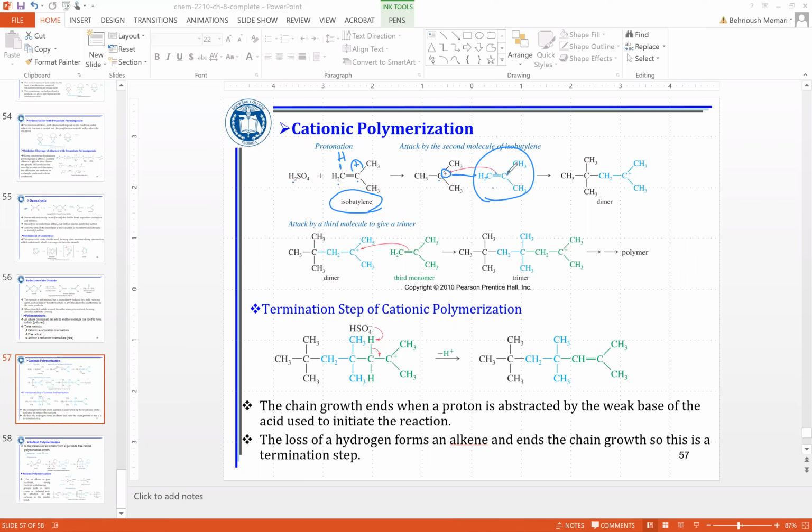The other carbon will take the plus charge, then you have a new carbocation with positive charge on carbon number 4, if we always count from left to right. Now we have a carbocation, and it is going to be attacked by a third molecule of isobutylene, which is like here.